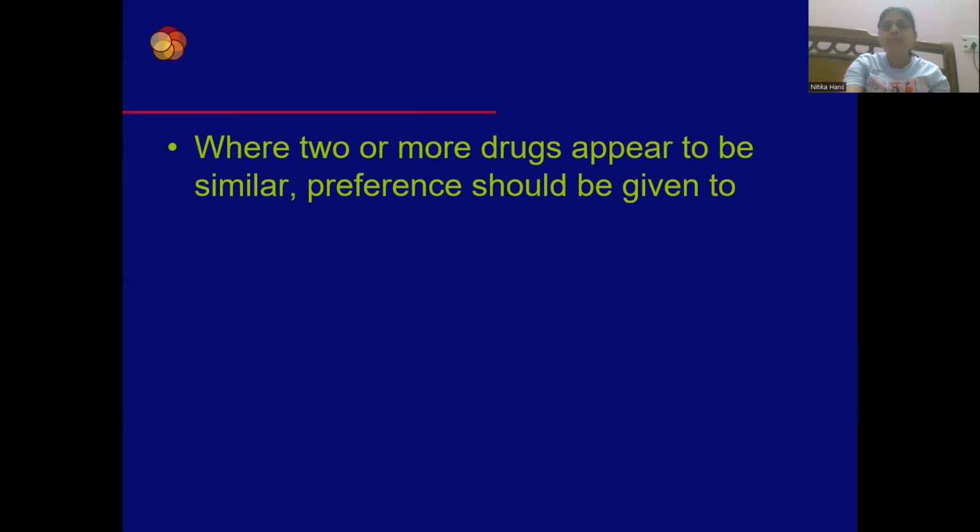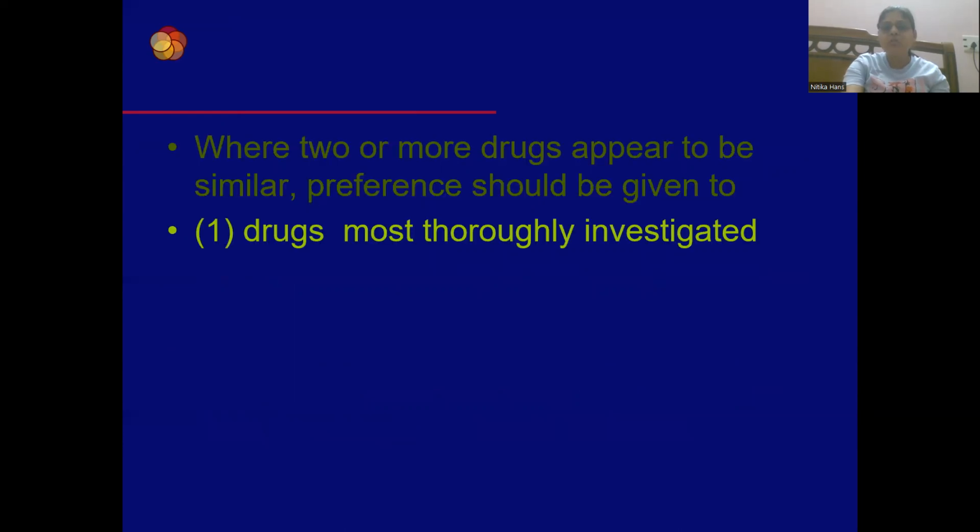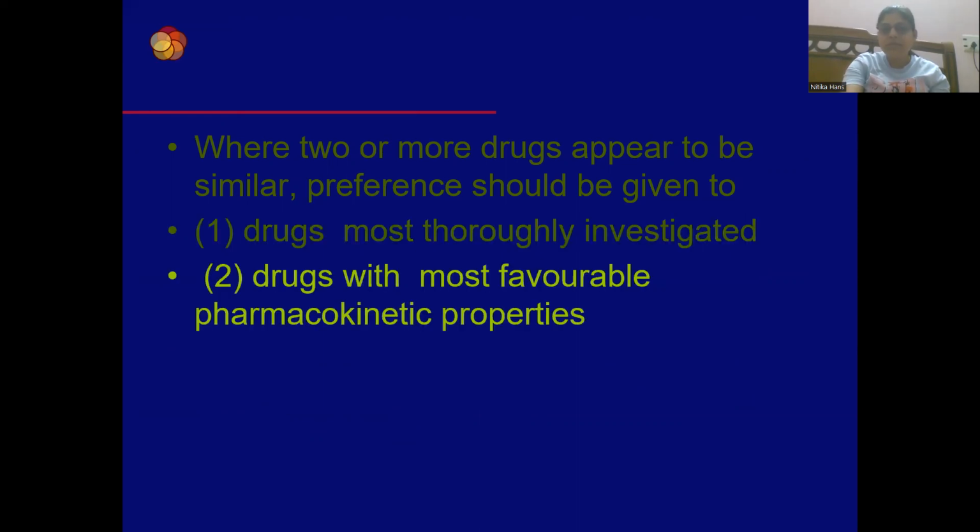When two or more drugs appear to be similar, preference should be given to the drugs which are more thoroughly investigated. Means the drugs on which various evidence-based studies have been done should be preferred.